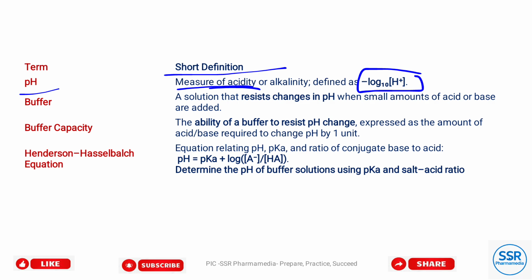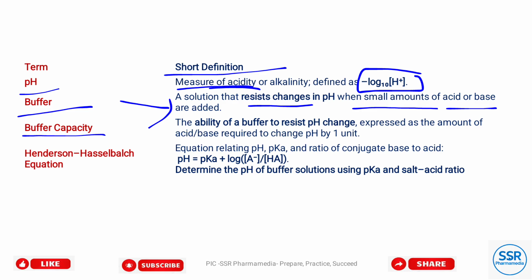So this is called pH. And buffer. What is a buffer? A buffer is a solution that resists change in pH when a small amount of acid or base is added. When we add a small amount of acid or base, the pH of the solution may not change.